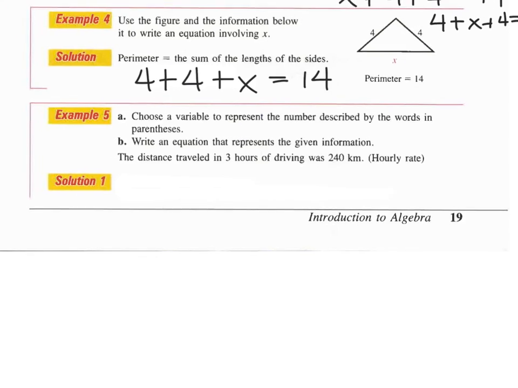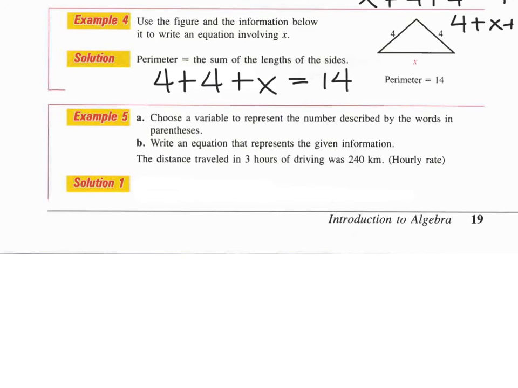Okay, let's look at example 5. Here it says choose a variable to represent the number described by the words in the parentheses. It says write an equation that represents the given information. So here it says the distance traveled in 3 hours of driving was 240 kilometers. It wants us to find the hourly rate.